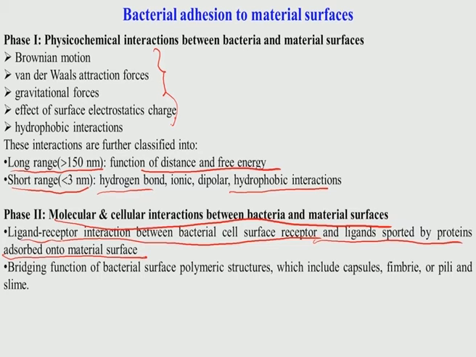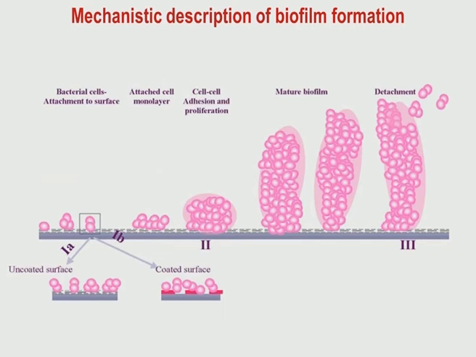This mechanism is similar to that of eukaryotic cell adhesion on a material substrate. The second is the bridging function of bacterial surface polymeric structures, which include capsules, fimbriae or pili, and slime. This is another reason for quicker adhesion of bacteria on a material substrate.